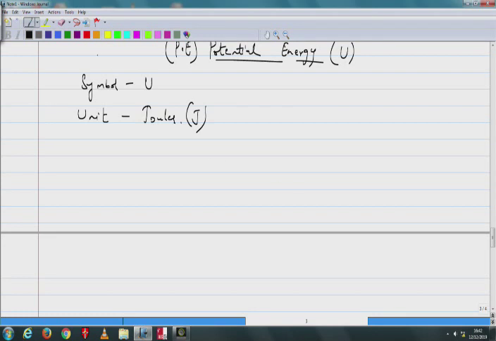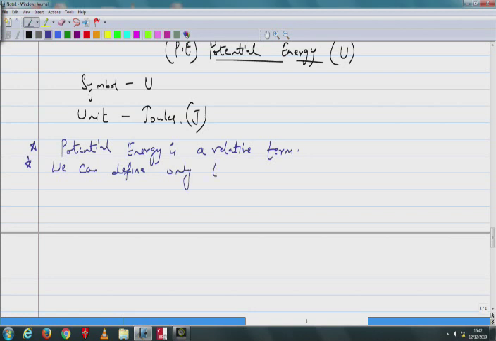All right. Then few points which are very important. Potential energy is a relative term. So basically, it means we can define only the difference of potential energy, and not potential energy at a point.